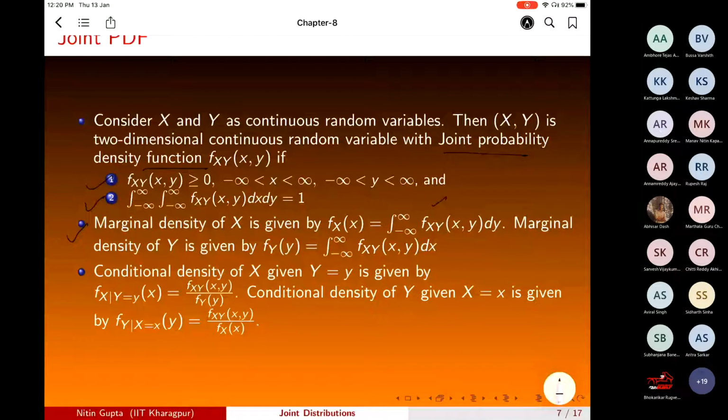Similarly, the marginal density of y, integrate over x. The conditional of x given y is the joint over the marginal of y. Similarly, the conditional of y given x is the joint over the marginal of x. So in the same fashion, you can do it for the continuous case also.